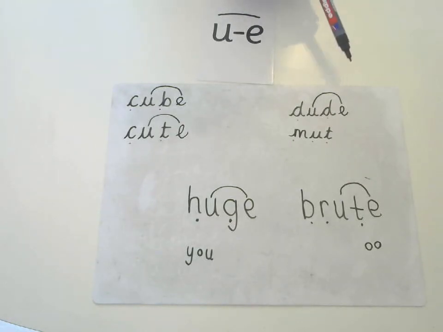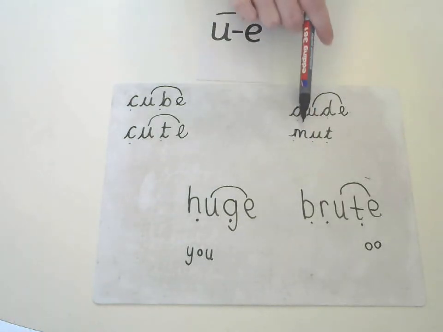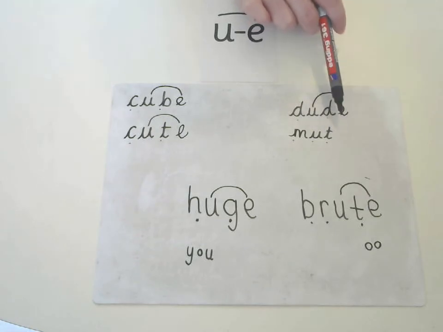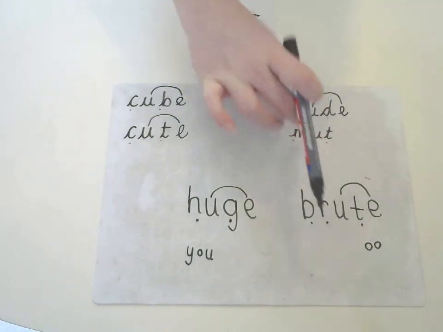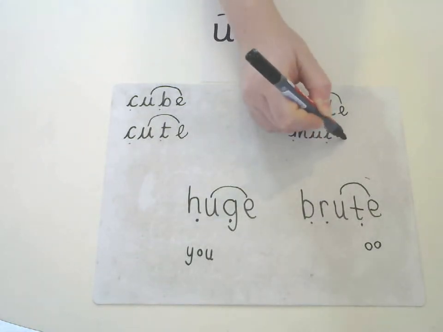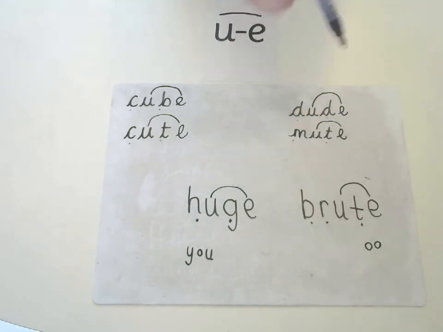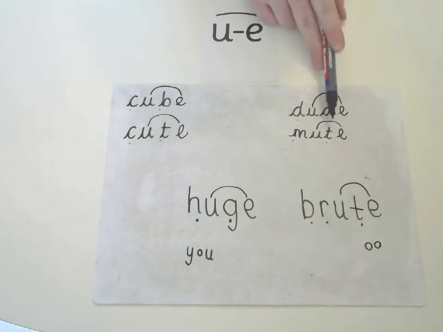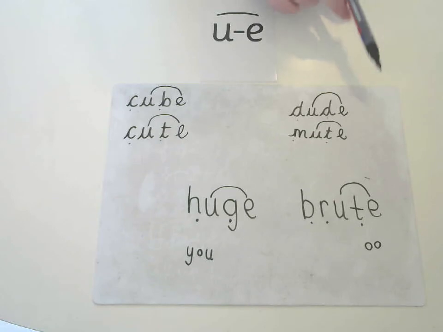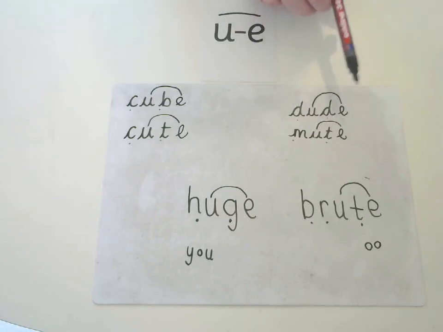Again, you could try with the u, ude, but that doesn't make sense. And then this one, mut, changes to mute. Could be moot, but again that doesn't make sense. But it's always nice to check if something will make sense or not.